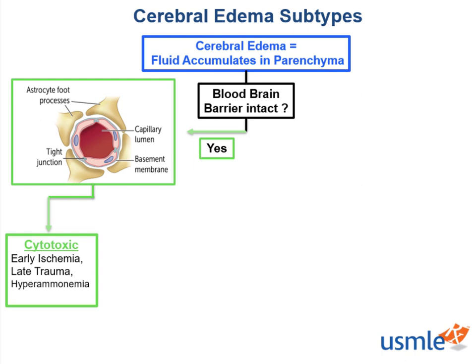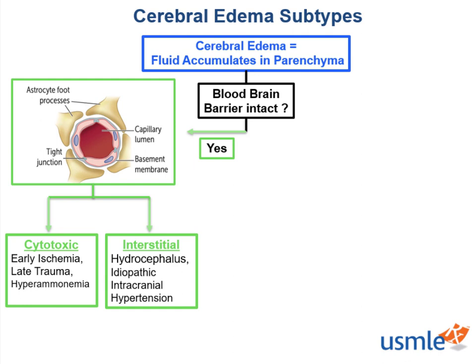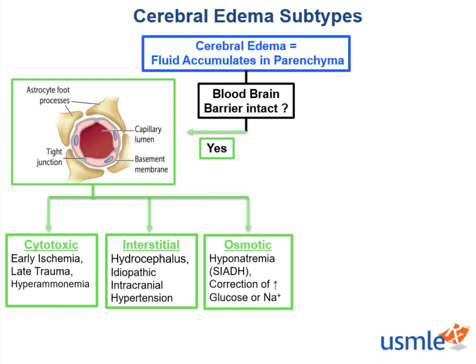The blood-brain barrier is also intact for interstitial causes of cerebral edema, which means fluid collects in the interstitium, or space between cells. All causes here center around cerebrospinal fluid collecting in the interstitium from hydrocephalus or idiopathic intracranial hypertension. Lastly, the blood-brain barrier remains intact for osmotic causes of cerebral edema.